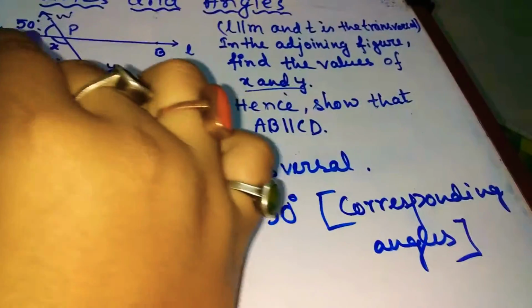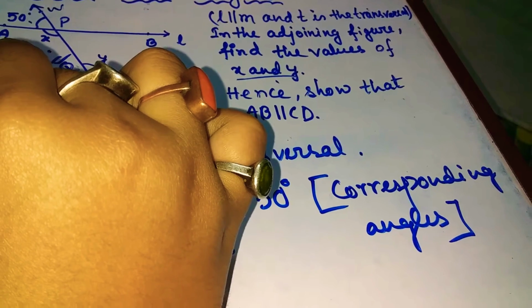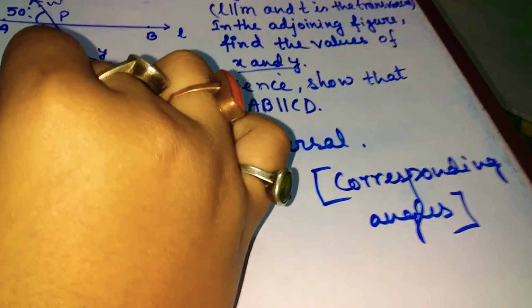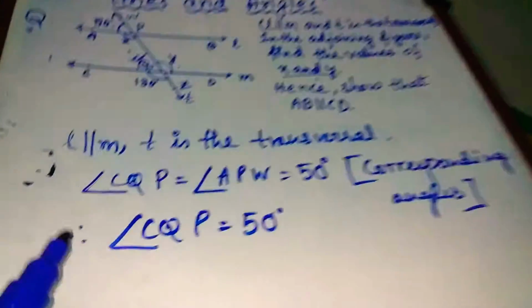Now these two are consecutive interior angles, right? So we find the sum of these two angles and check whether they are supplementary or not.